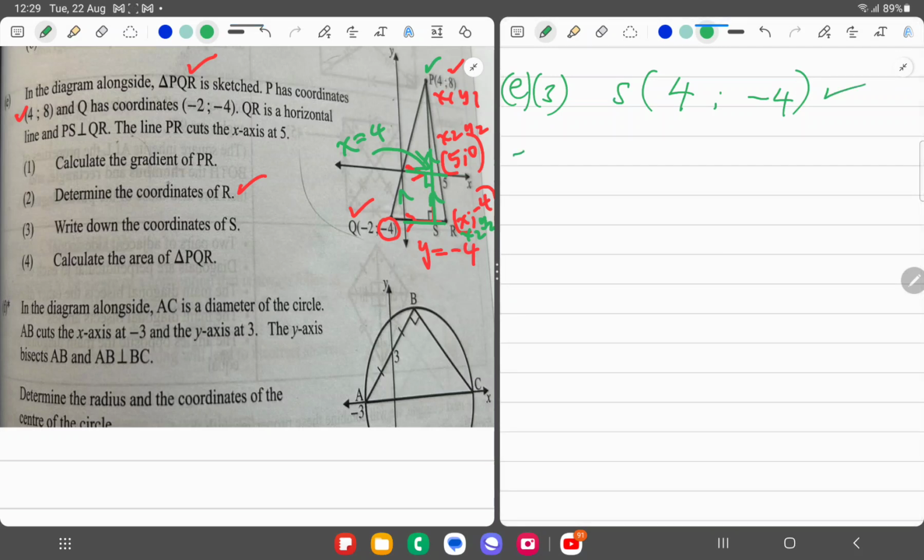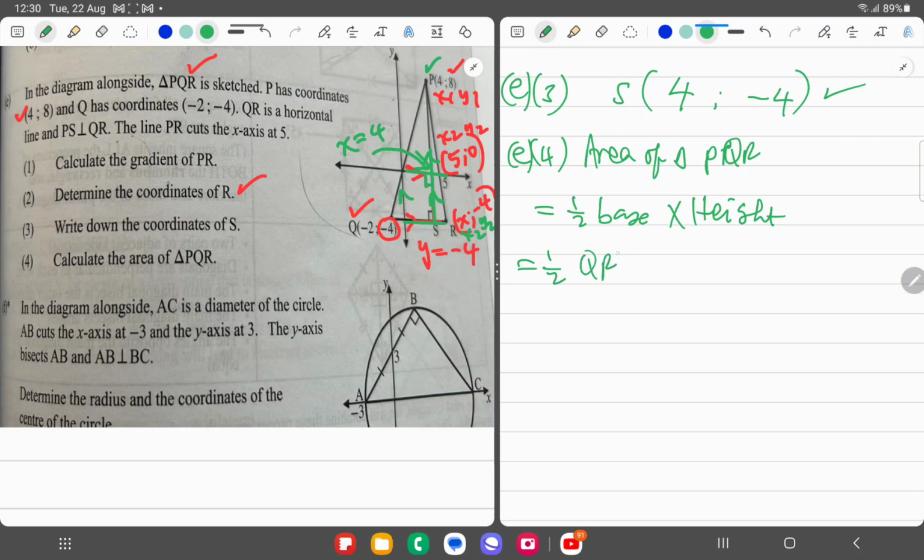Now we're going to look at E part 4. We need to calculate the area of the triangle PQR. The area of triangle PQR is half base times height. The base is QR and the height is PS.